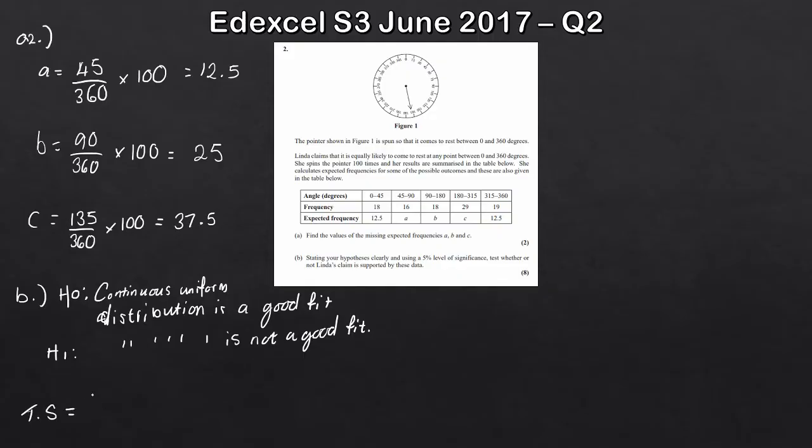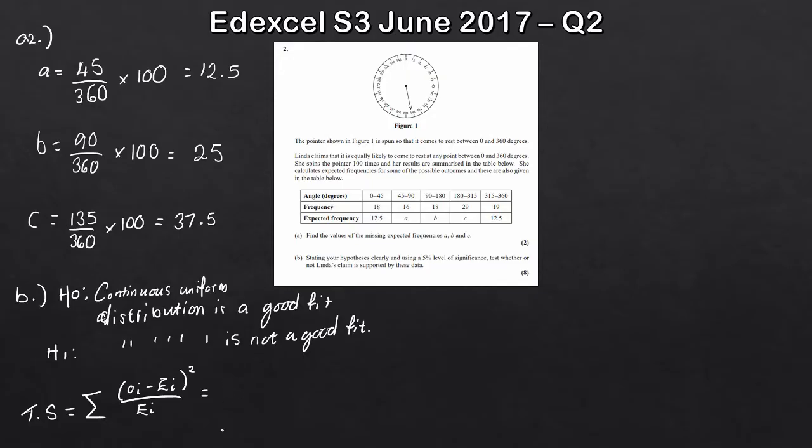So the summation again. I'm getting tired of writing this formula down. It's the observed minus the expected, squared, divided by the expected. Just like we did with the last one. So for example, 18 minus 12.5 squared, and then divide by 12.5.